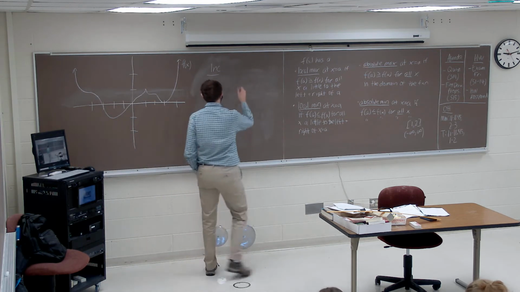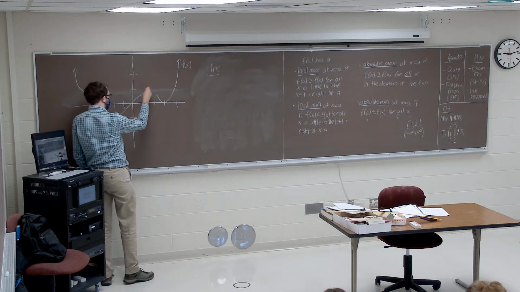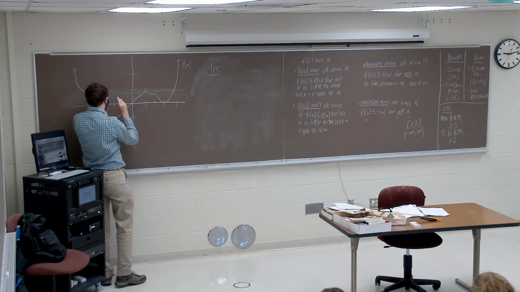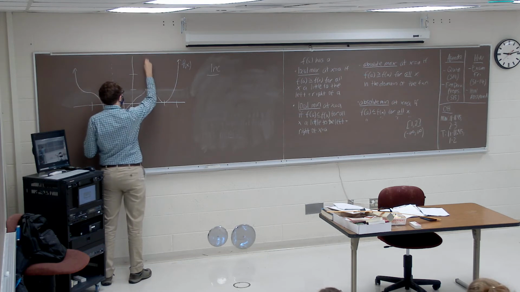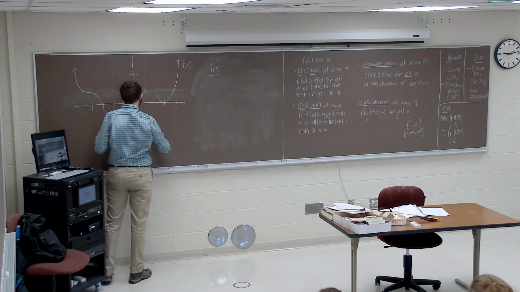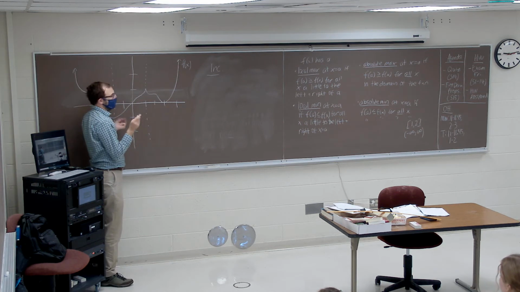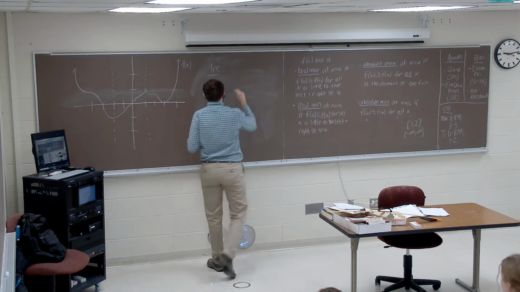From x equals -2 to x equals +1. Certainly looks to me like if we only are looking at values of x in this interval, as we go from left to right, our y values are getting bigger. So yeah, I think that's a reasonable thing to say.